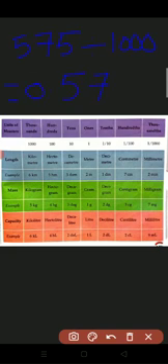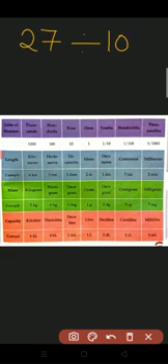For example, if any decimal number or any normal number is divided by 100, then the decimal point moves 2 places to the left.